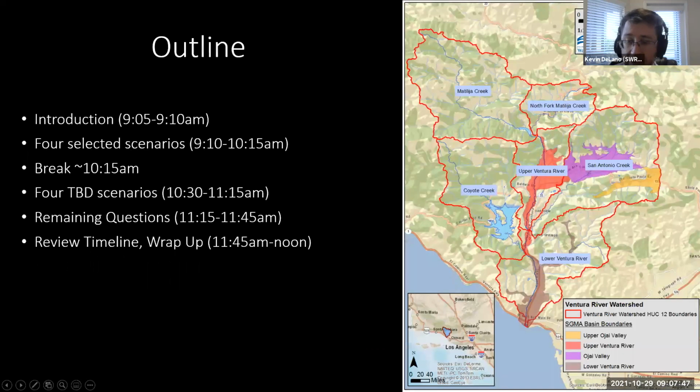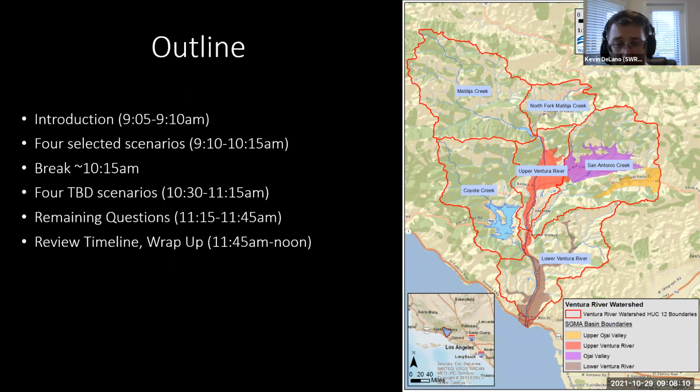So here's today's outline. We'll wrap up this introduction and immediately go into talking about scenarios. The first part of the presentation will be discussing the 4 scenarios that we know we want to run, that we want to build and evaluate with the groundwater surface water model of the Ventura River Watershed, which I also refer to as the GS flow model.